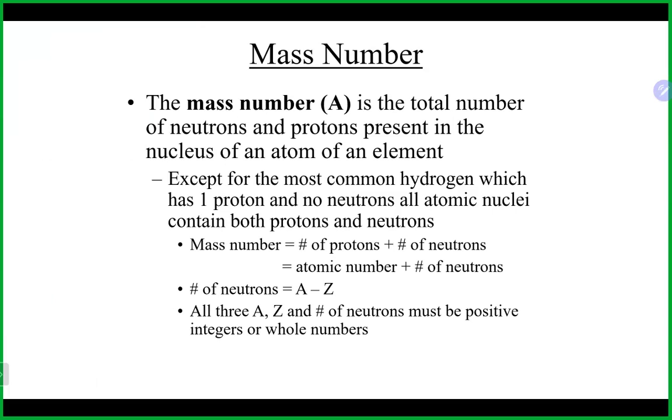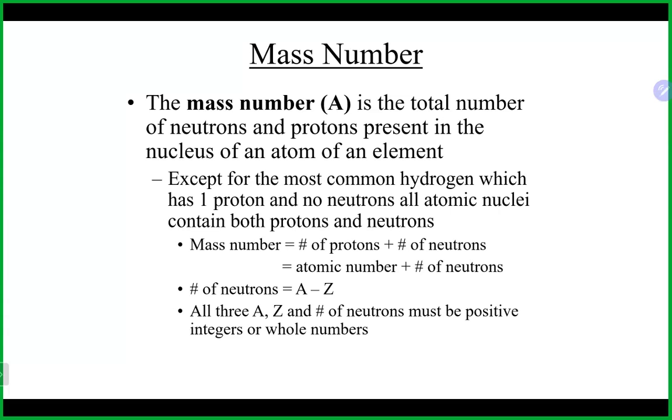On older periodic tables, hydrogen was actually put on both the left and right sides, because it has some unusual properties. Hydrogen has only a proton and an electron. It does not have a neutron. So hydrogen is the only element that does not have neutrons. All the other elements have all three particles: protons, electrons, and neutrons.